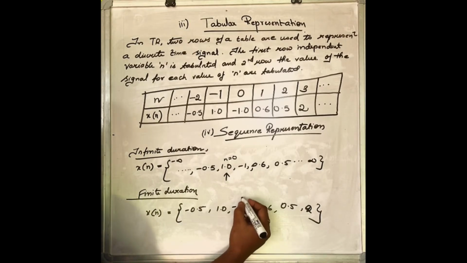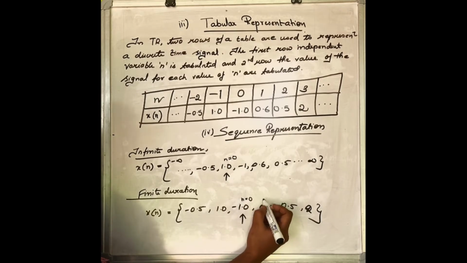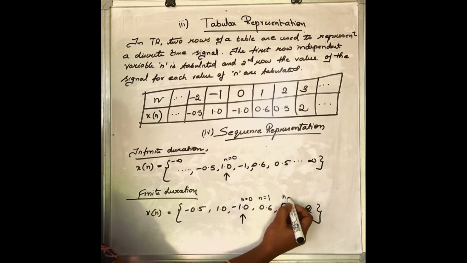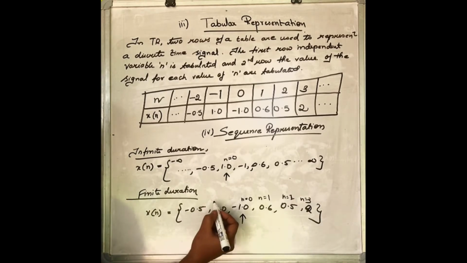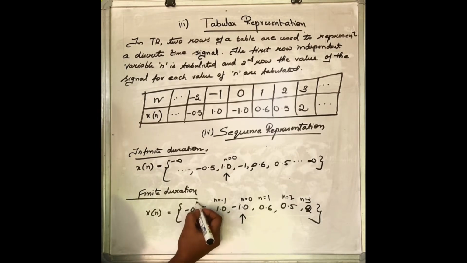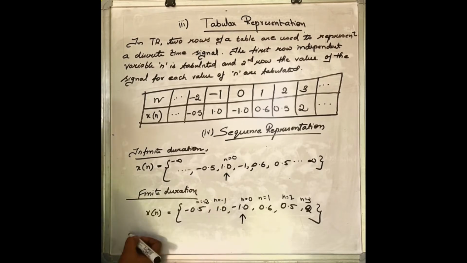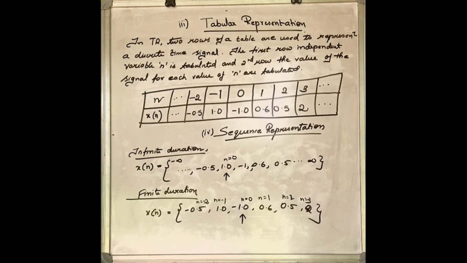Now this says n equal to 0, n equal to 1, n equal to 2, n equal to 3, whereas in the opposite direction it is n equal to -1, -2. So this is how it is represented in sequence. So we have seen four representations: tabular, sequence, graphical, and functional representation.